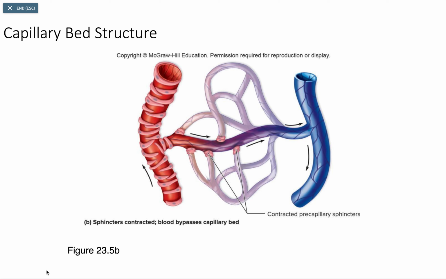This is just another illustration when we see a contracted precapillary sphincter. For instance, this could be a capillary bed inside of the digestive system during exercise. It's not important to have the blood flow going to your digestive system.